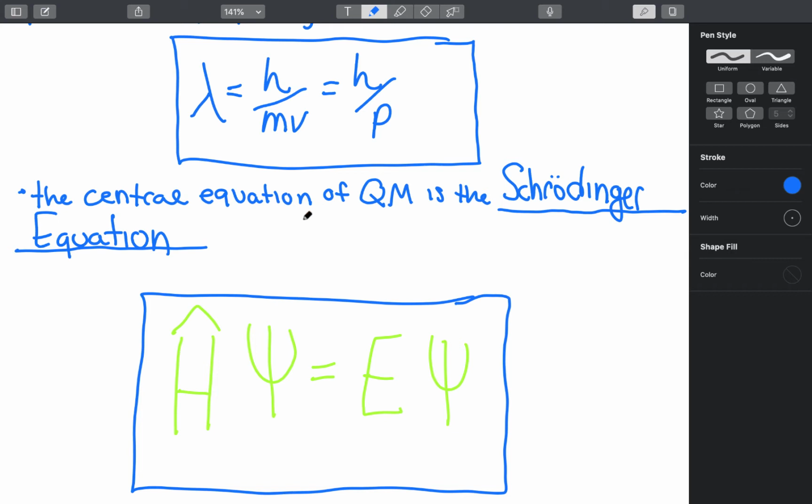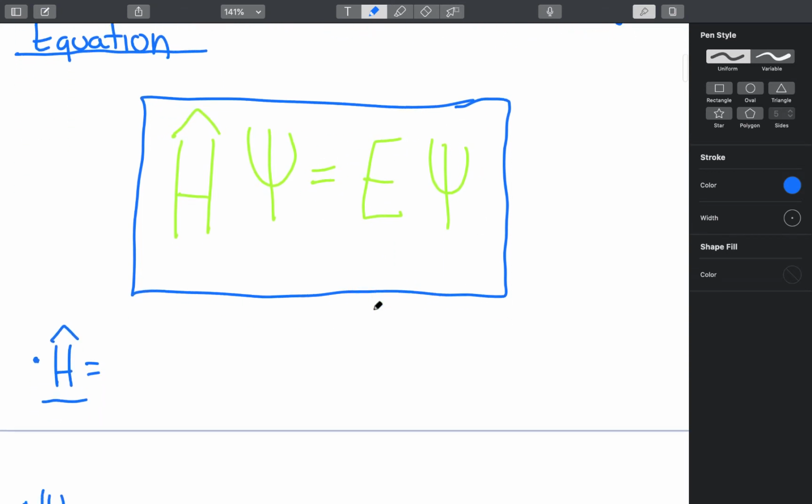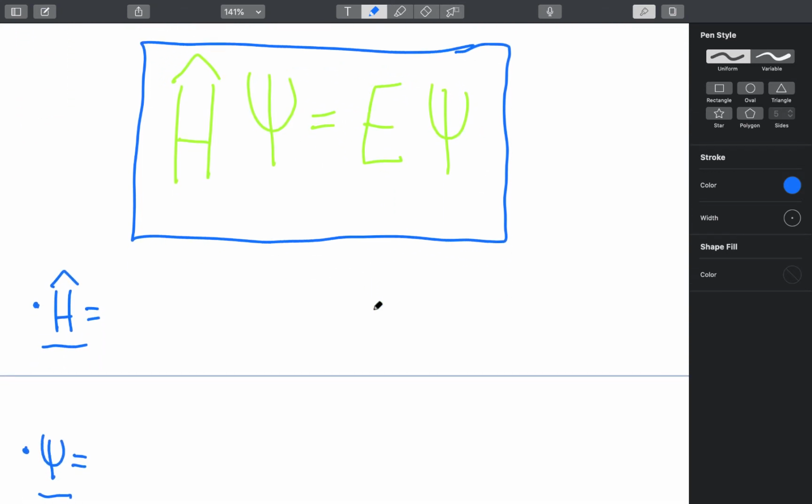So this right here is the famous Schrödinger equation. So let's talk about what each of these variables are. So the first variable is the Hamiltonian operator.